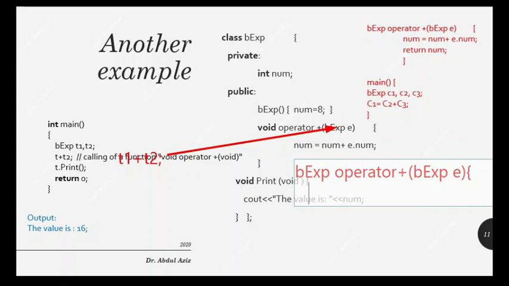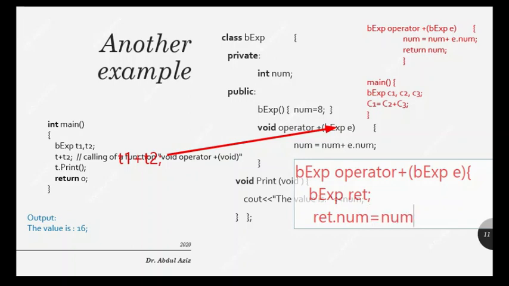For example, I'm going to create a temporary object of type B example, like ret. This is my object, and then I'm going to perform the exact task: ret dot num, which means the variable held by the object ret, that is a temporary variable, is equal to num.